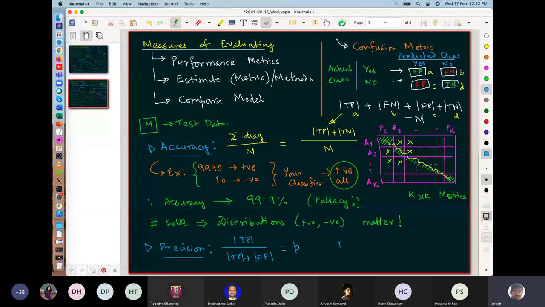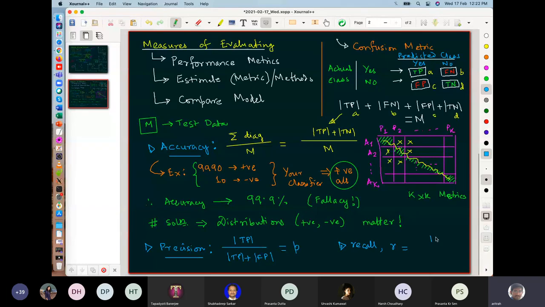The other thing people also try to see is called recall. We call it R as well. It is nothing but how well you recall with respect to the actual class. With respect to the actual class, which is yes, how good are you at recalling it?